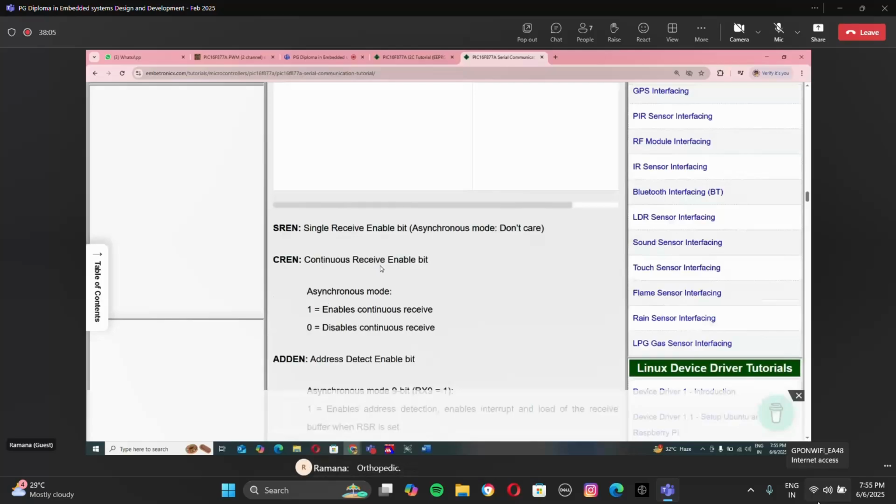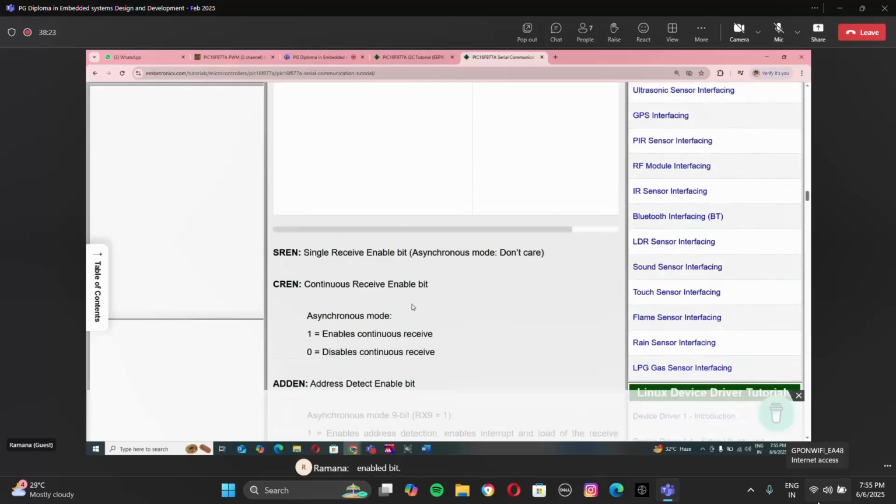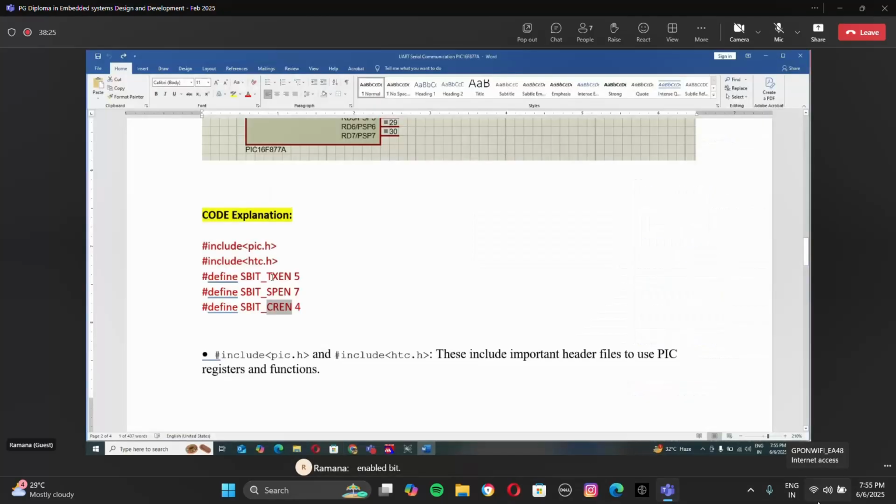If you enable it, what happens? It enables continuous receive, so the receiving data will be received continuously. Here, continuous receive enable bit. So that's all for this register. Three bits we are using: TXEN, SPEN, CREN.